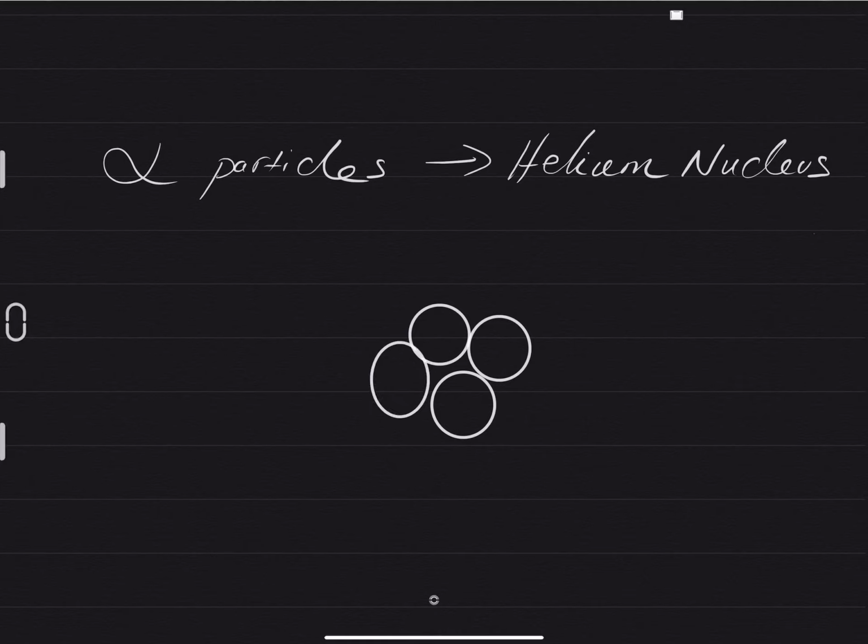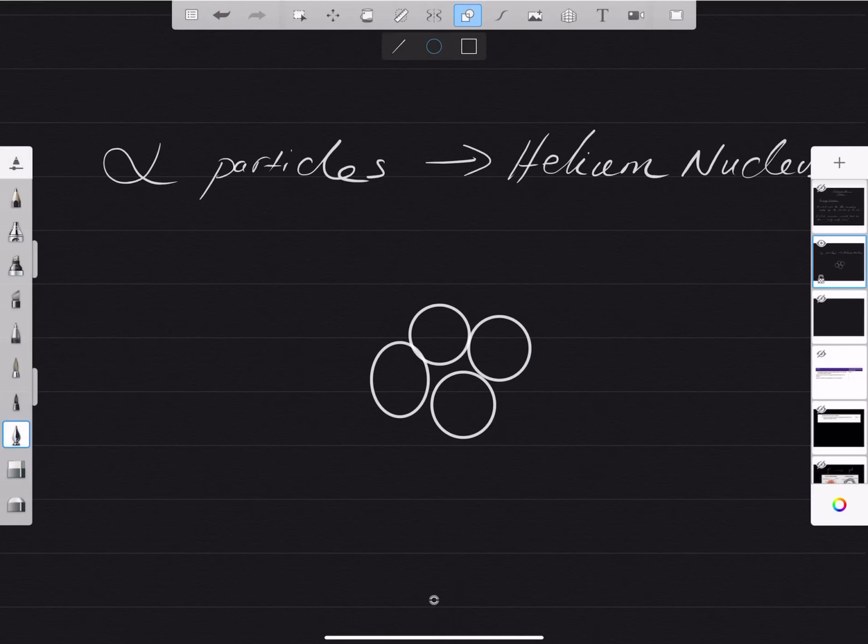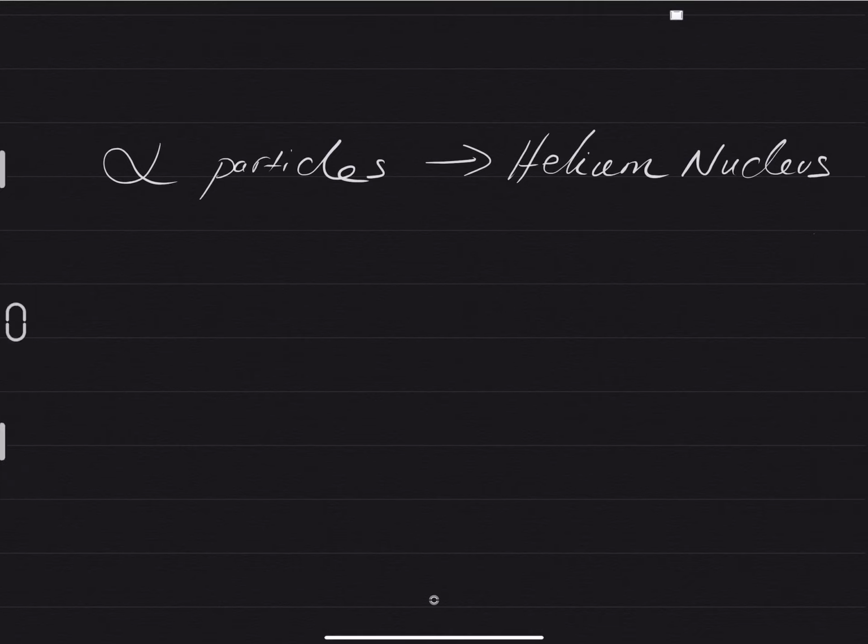This is not the best helium nucleus, so what I will do is doing it with circles there, it's not going to be good. So I will just draw it. And even that didn't turn out great.